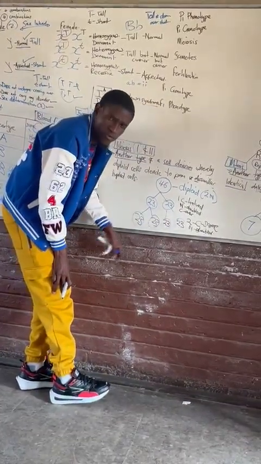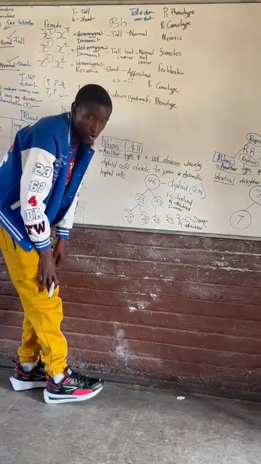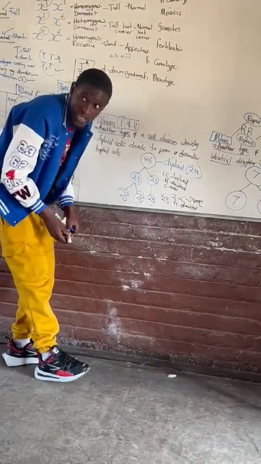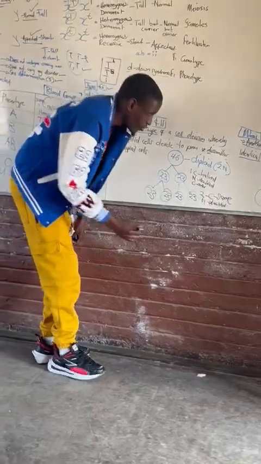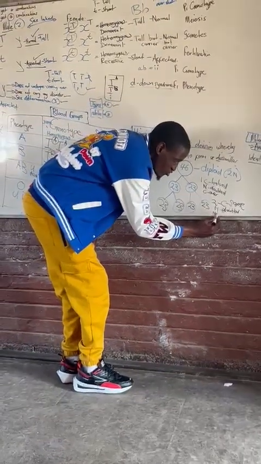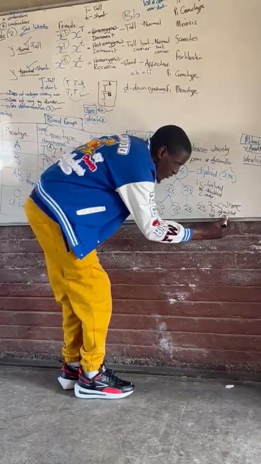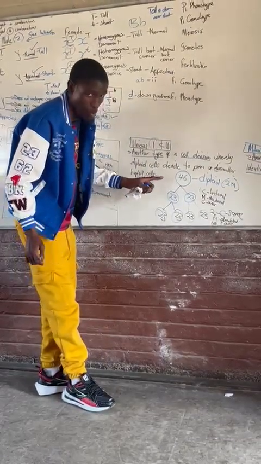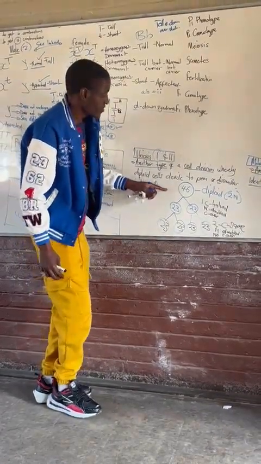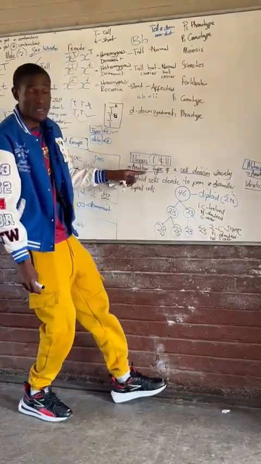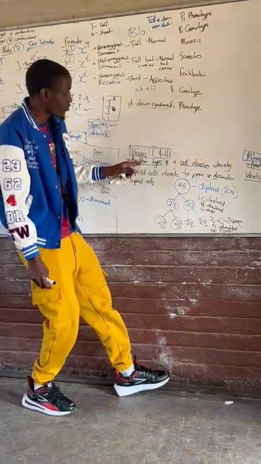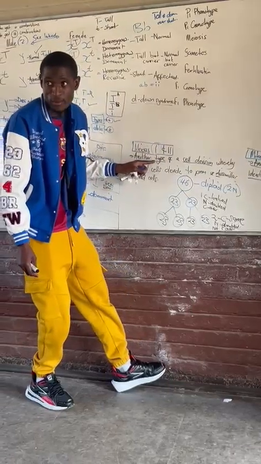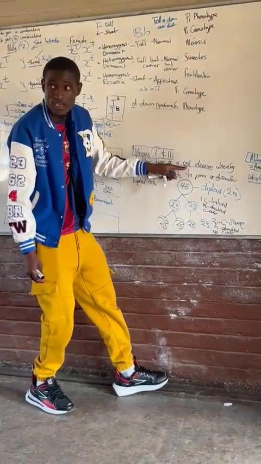Is there crossing over in meiosis 2? No. Crossing over has already taken place. It takes place only at meiosis 1. That's why here we are saying another type of cell division.